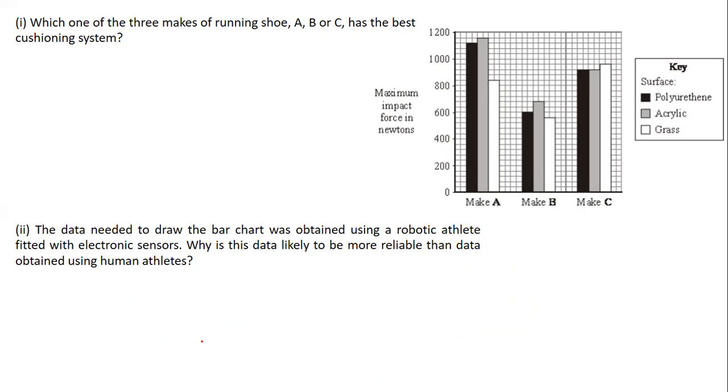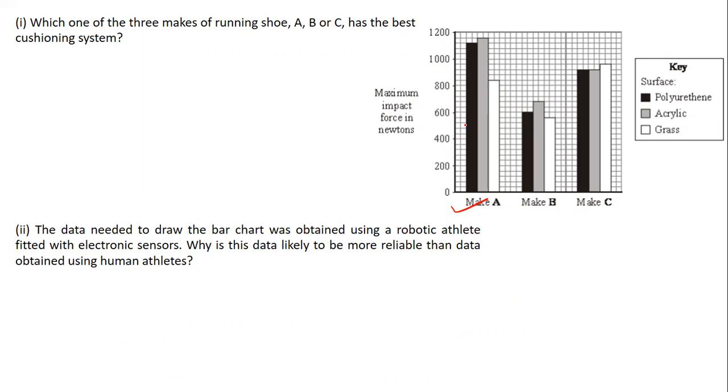Because it can withstand higher forces. Yes, it can withstand the higher forces. Okay, for lower forces it's always fine, but for higher forces your shoe should be able to withstand it.